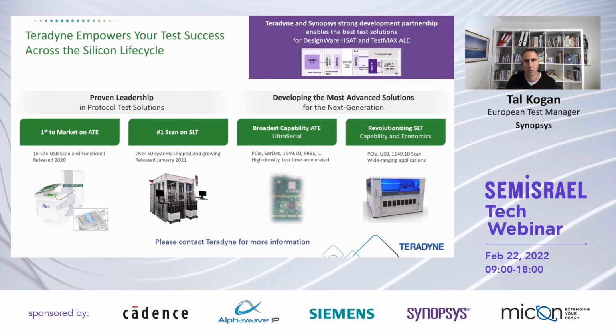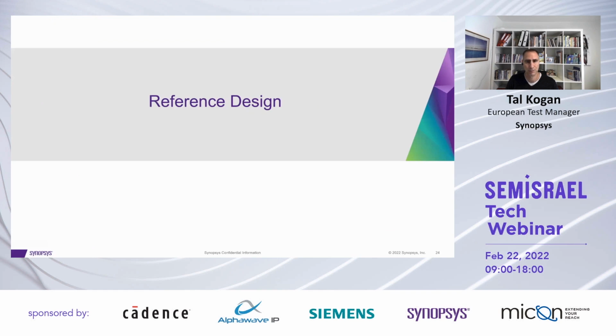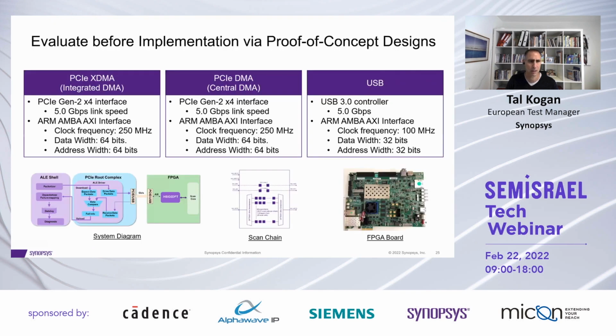Okay, and to conclude, we also have here some reference designs that we can share with our customers. So we have those for PCIe, whether it's XDMA or DMA. We have also a USB reference design. So you can see here in the picture, this is what it looks like.